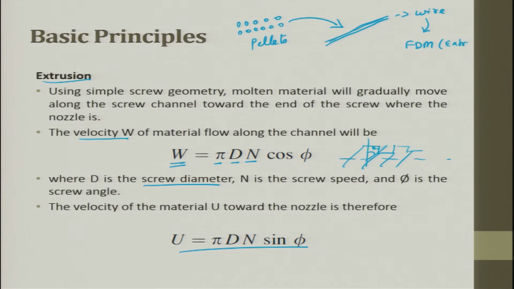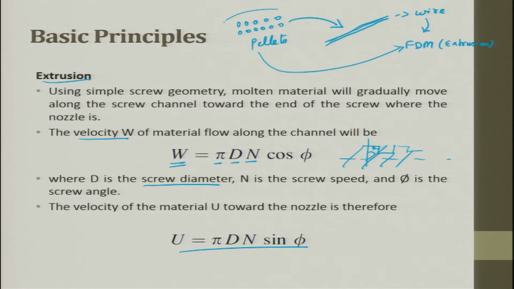By the process called extrusion, we try to make an output. Now people have started thinking, why should I use pellets to convert to wire and then extrude the wire and use it in FDM? Rather than that, why don't I bypass this step and directly go from here to here?